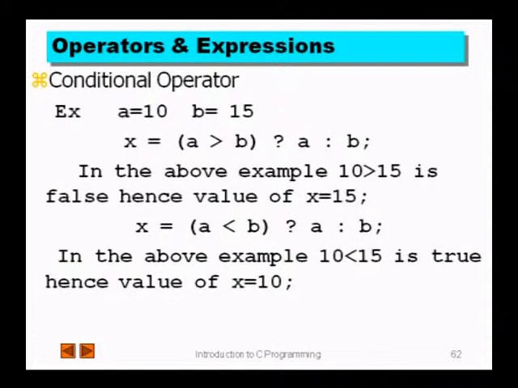So the value becomes 10, and x will be equal to 10.